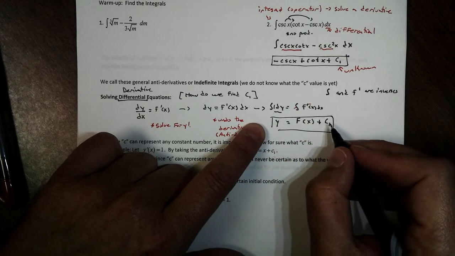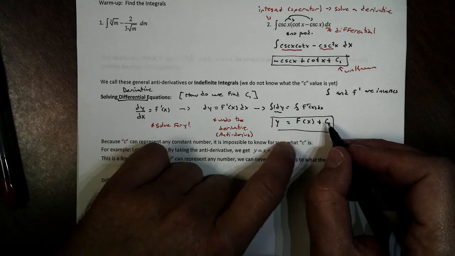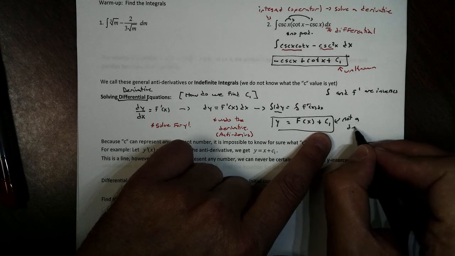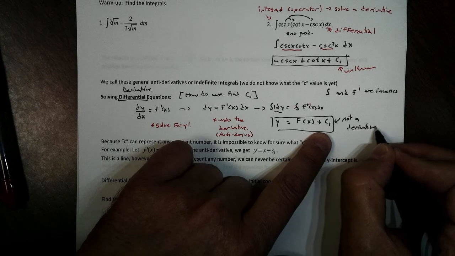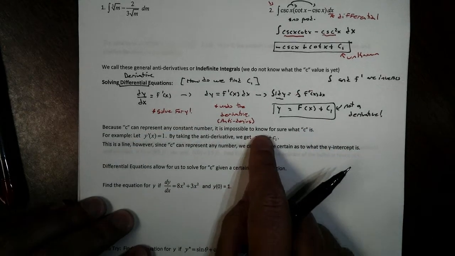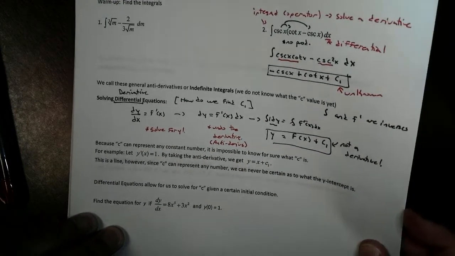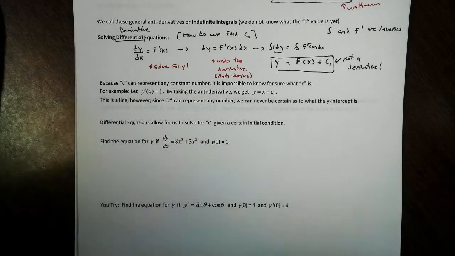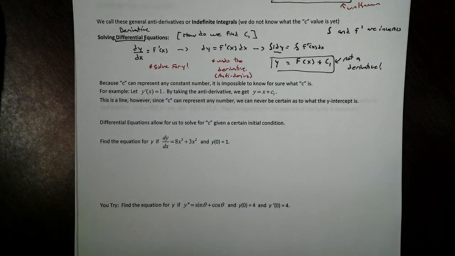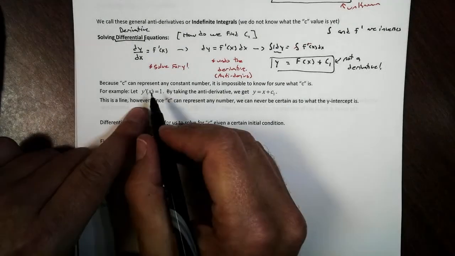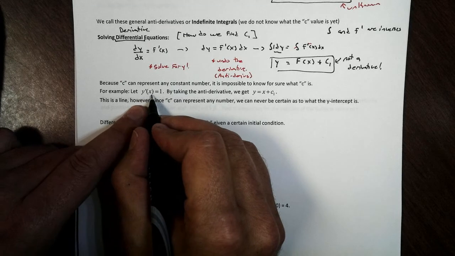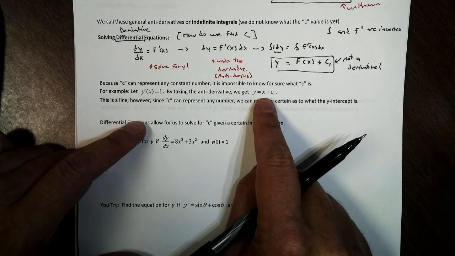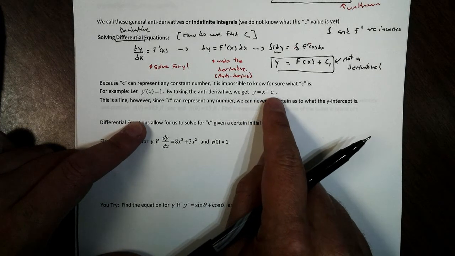And today, we are going to solve for C1. Now remember, this is not a derivative. This is the function itself. So let's talk about C real quick. Because C can represent any number, it is actually impossible to know for sure what C is. For example, if we have y prime of x equals 1, by taking the antiderivative, we get the line y equals x plus C1.